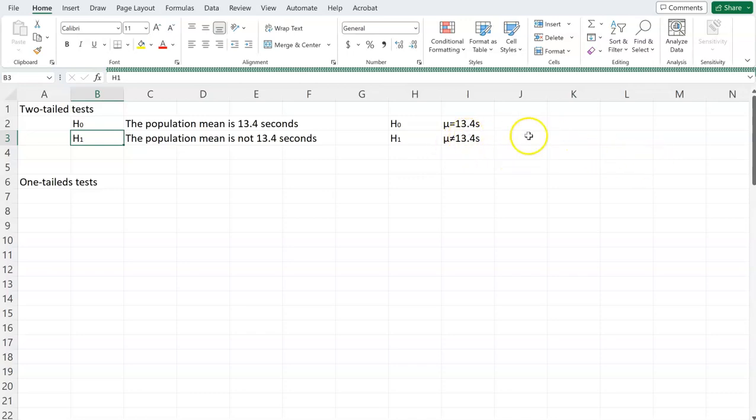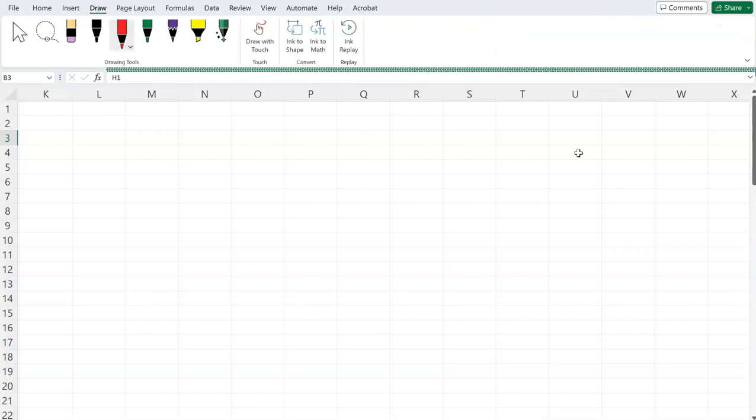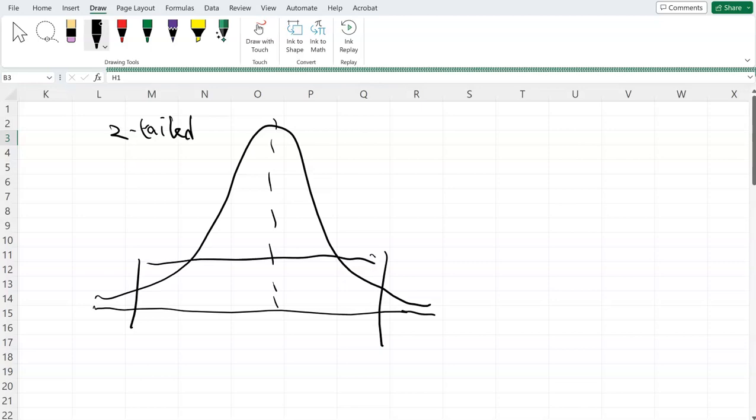Now, in a two-tailed test, supposing we had a normal distribution of the sample means of that population, we would have two critical values, two cutoff points like that, and we would note that 95% of the sample means are within this range.